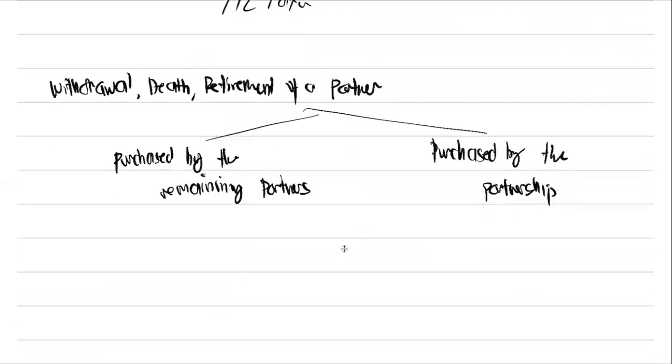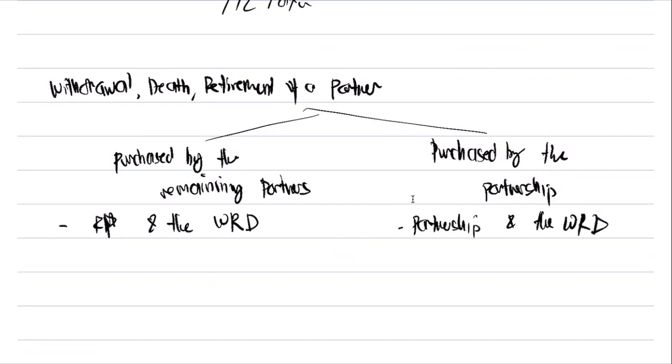So how do we account for a purchase by the remaining partners? If this is a purchase by the remaining partners, again, this is a transaction between the remaining partners and the withdrawing, retiring, or the dead partner. While if that is a purchase by the partnership, it is between the partnership and the withdrawing, retiring, or dead partner.